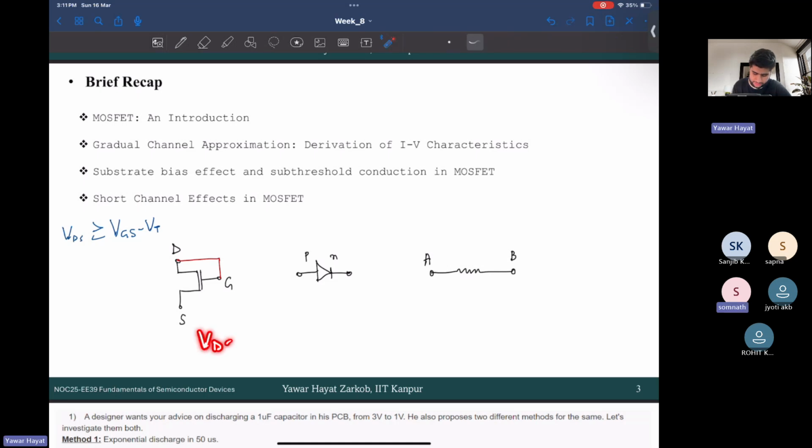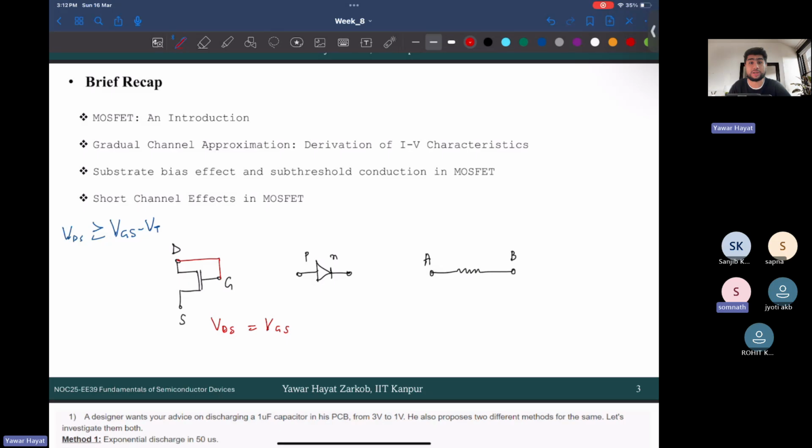Here, your VDS would be equal to VGS, right? So, sir, what can we conclude from that? It is not in saturation region, sir. Your VDS is equal to your VGS, right? If your VDS is equal to VGS, how will you compare?